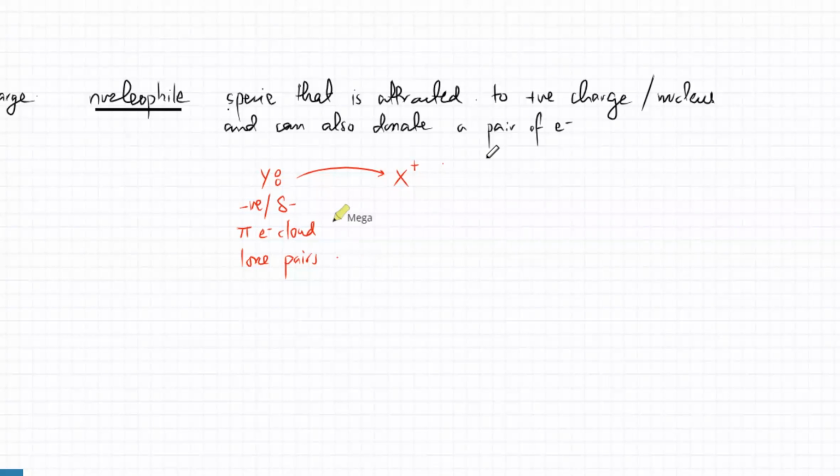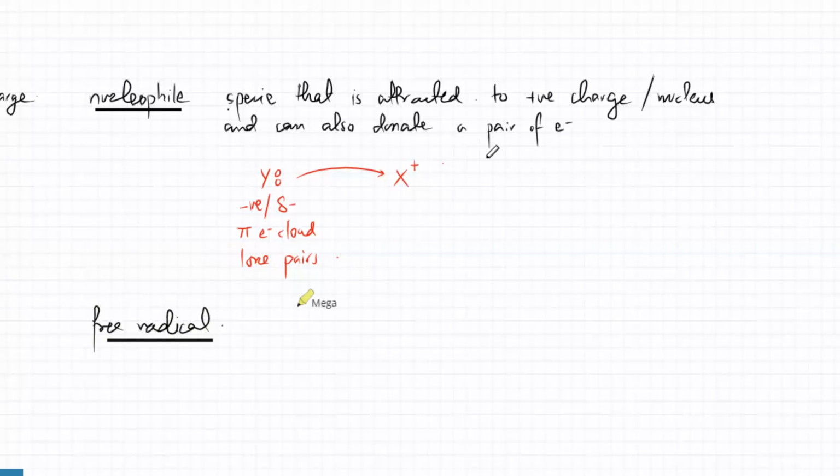And then there's another thing called a free radical. So what's a free radical? A free radical is something that usually is neutral, but that's not a necessity.